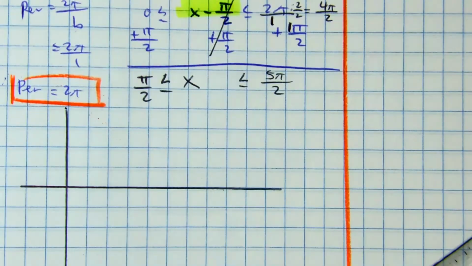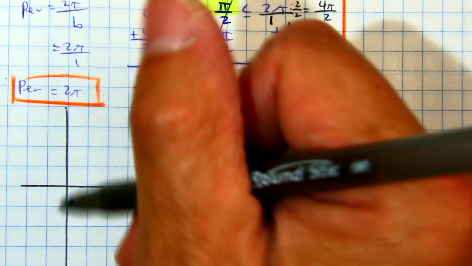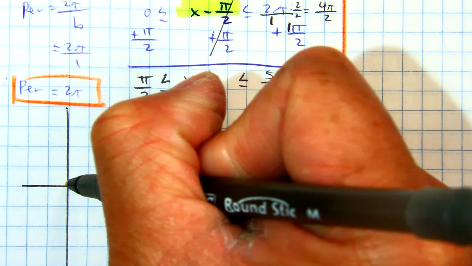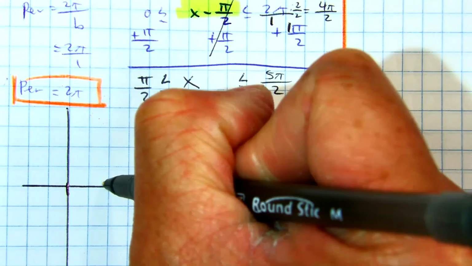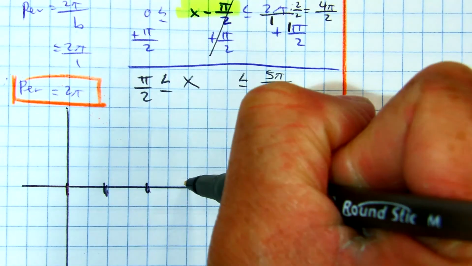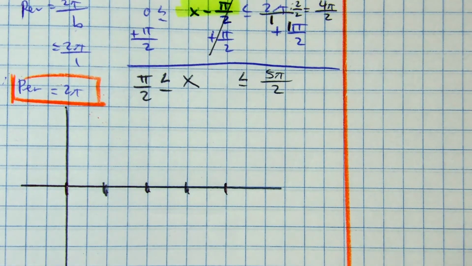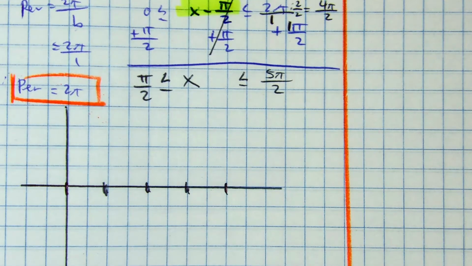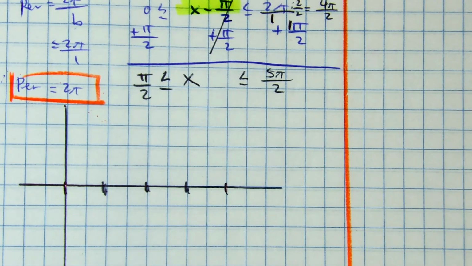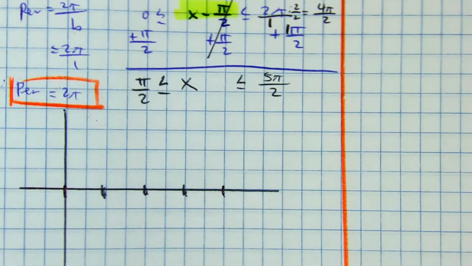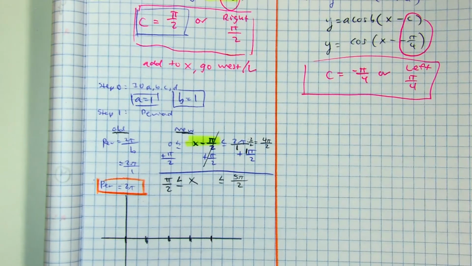Now, we normally did something like this. We did our 4 intervals or 5 x values. 1, 2, 3, 4, 5. But put your finger on the phase shift. The phase shift, the C value, is we're going in how much?